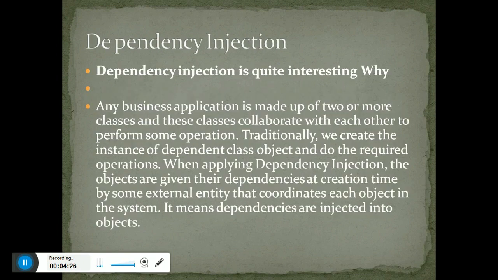If you're talking about business applications or any application, it is made up of many classes. These classes collaborate with each other and perform some operations. We create instances of dependent class objects and do the required operations. When applying dependency injection, the objects are given their dependencies at creation time by some external entity.